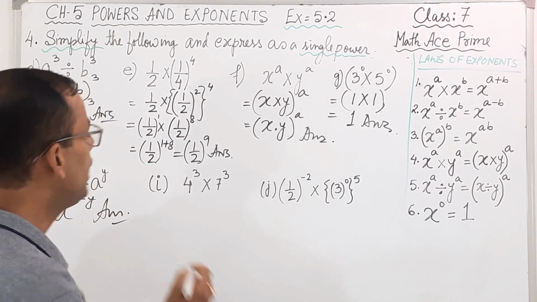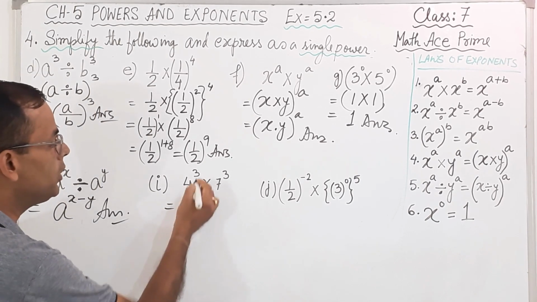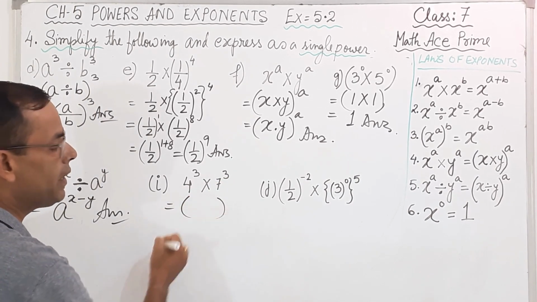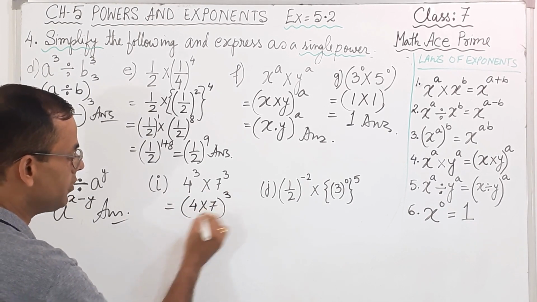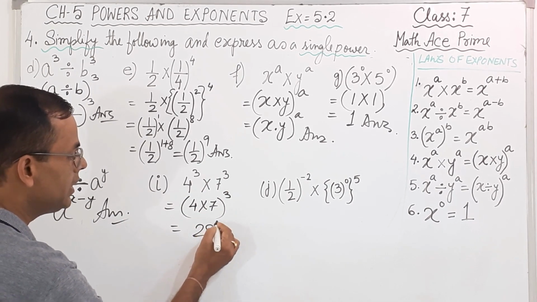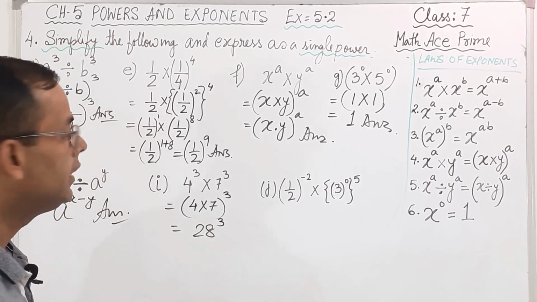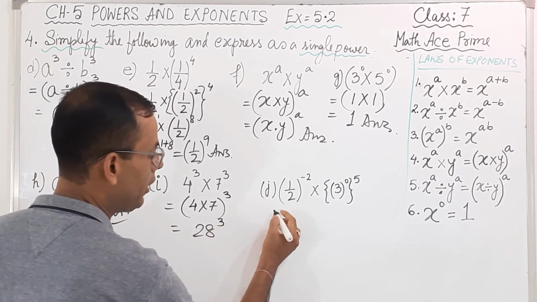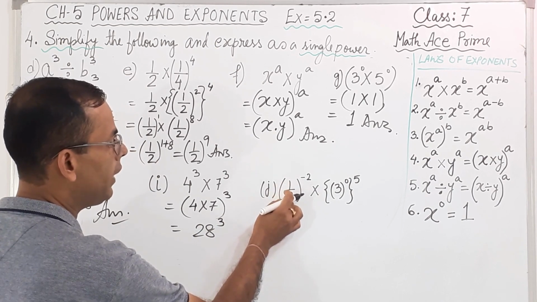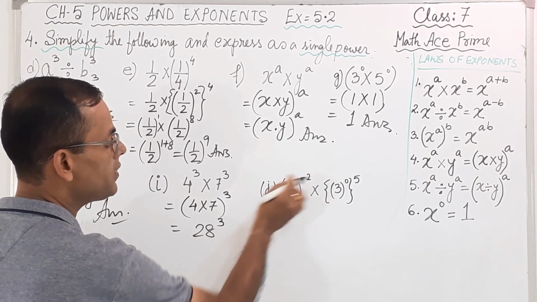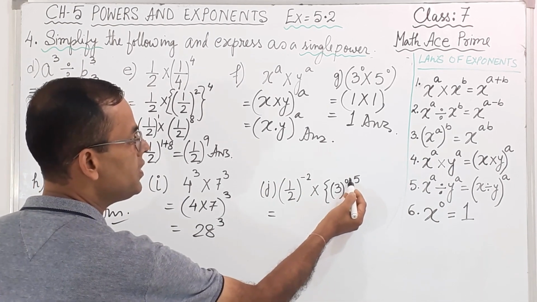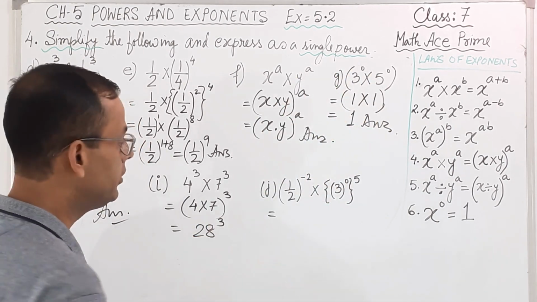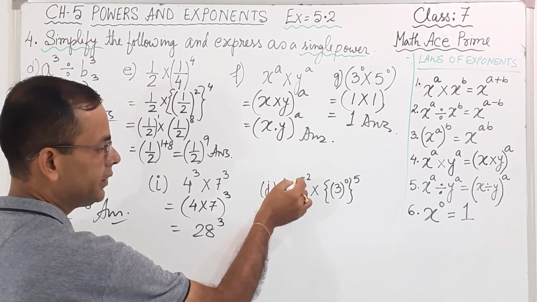Clear? Now, after that here the powers exponents are same, but the bases are not same. So one time I will write the exponent, and 4 into 7. So what it becomes? 28 to the power 3. Clear? Now J what I will write? See here, 1 by 2, then here power is to the power minus 2, and here 3 to the power 0 to the power again 5. Okay, now this is minus, negative.